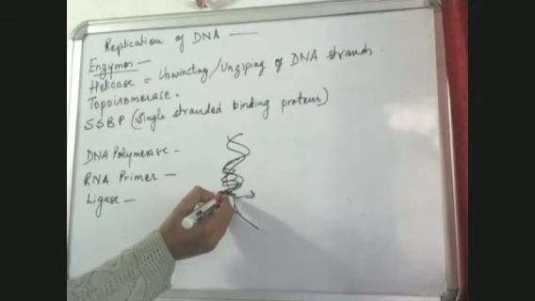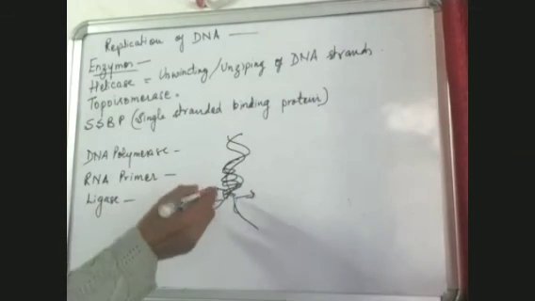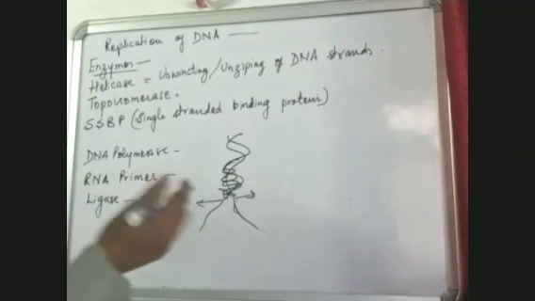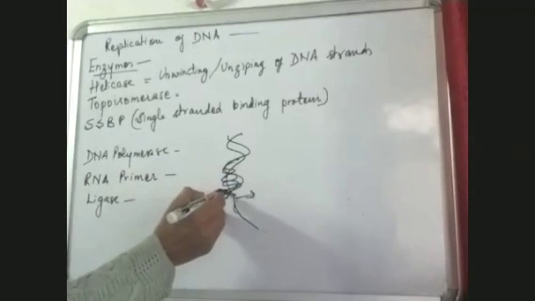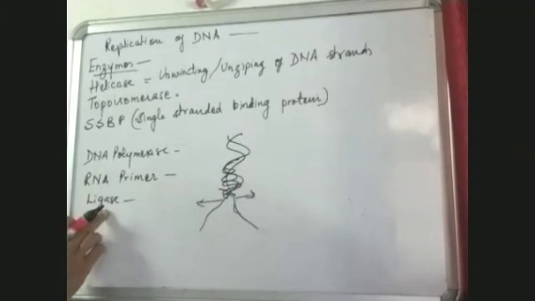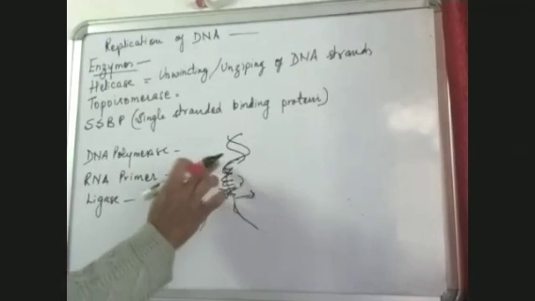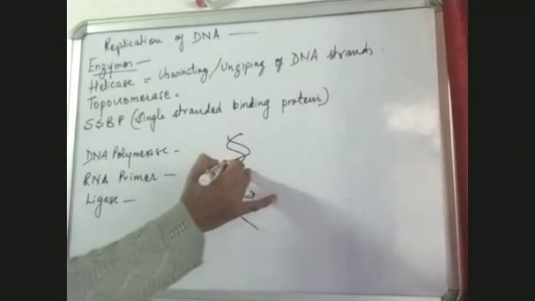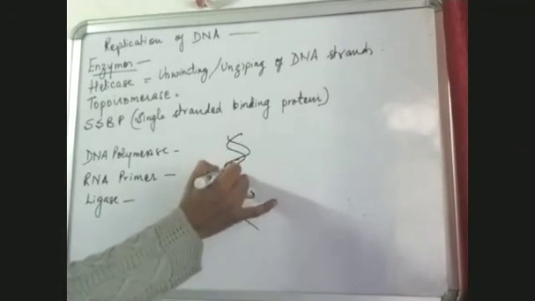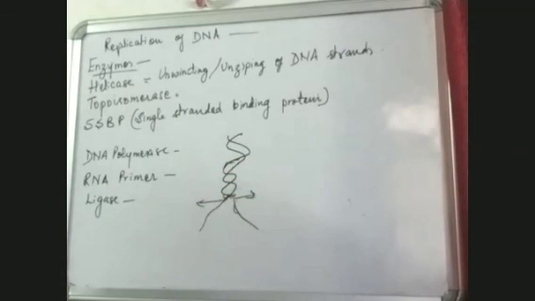Topoisomerase makes a cut in the coil, removes the tension, and then sealing takes place, sealing by ligase. As a result, this excessive coiling is removed by topoisomerase.